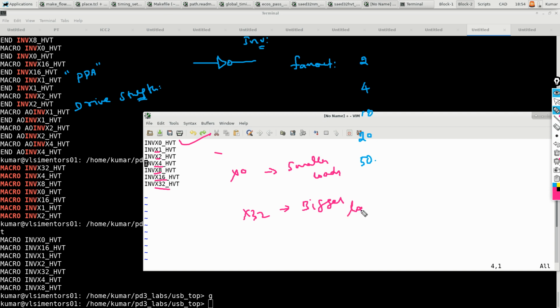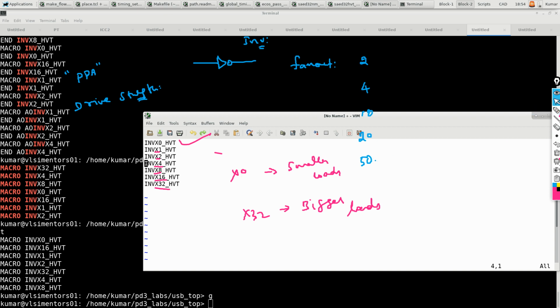So the cells with different driving capabilities are called multiple drive strengths. We have multiple cells with different drive strength or driving capabilities, and that is what we call drive strength.